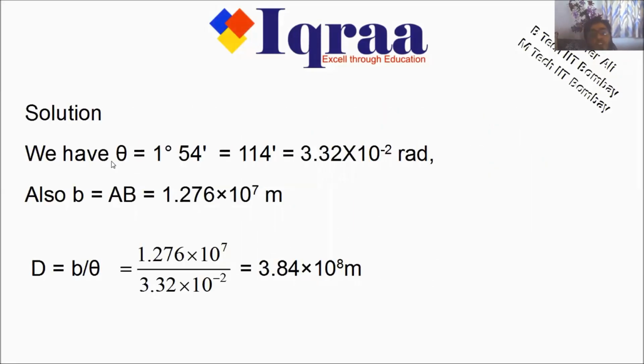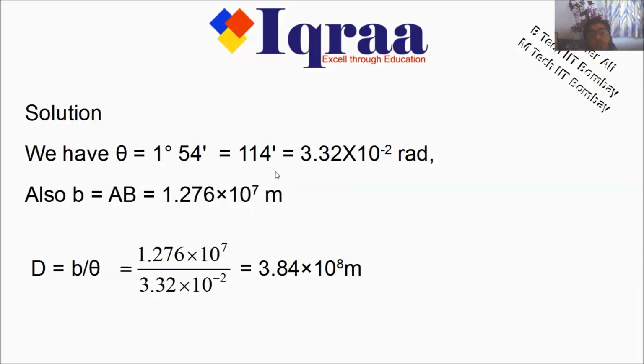So in the question we are given theta is 1 degree 54 minutes. Remember I said that the SI unit for angle is radian and not degree. So we have to convert it into radian. So I convert 1 degree into 60 minutes, so this total comes out to be 114 minutes.